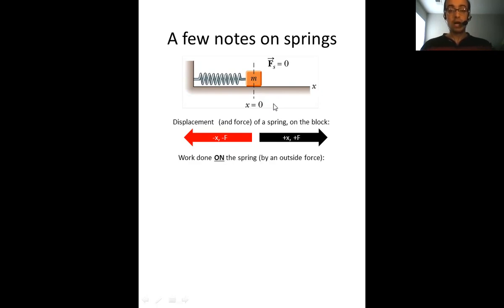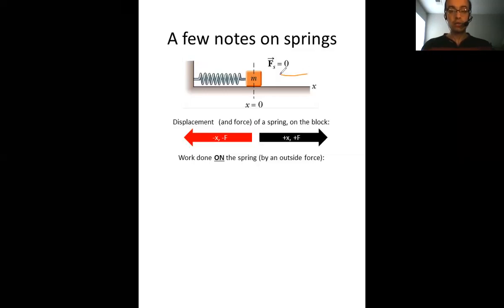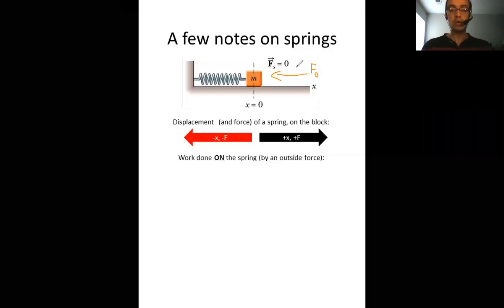When work is done on the spring by an outside force, so if I were to exert a push in that direction from this outside force, we'll call that F_O, this force would be doing work on the spring.